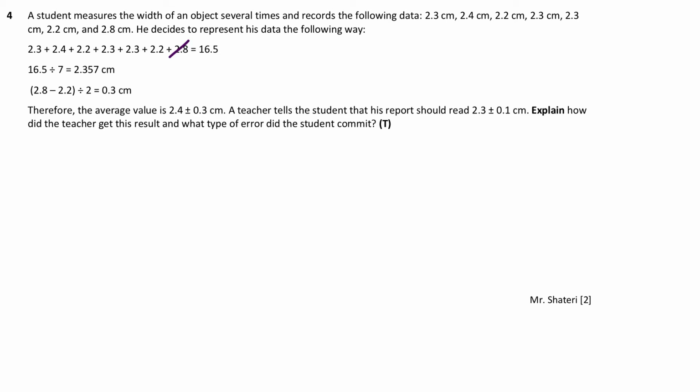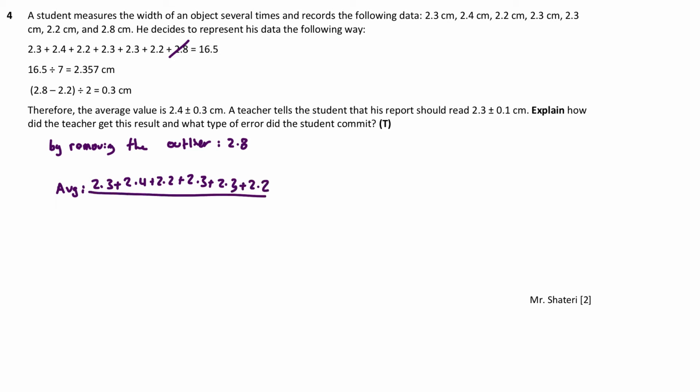So by removing the outlier, which is 2.8, our new average will become 2.3 plus 2.4 plus 2.2 plus 2.3 plus 2.2. I think there's a few of those. And we now have 1, 2, 3, 4, 5, 6 values.